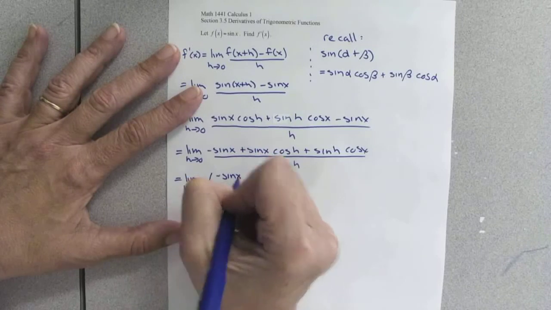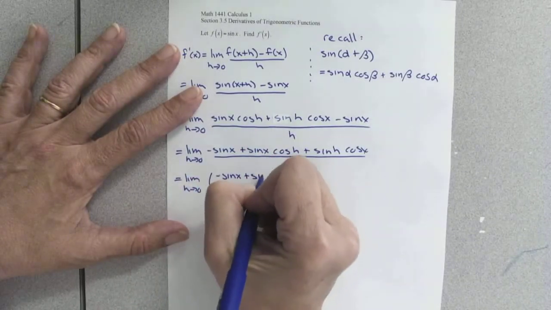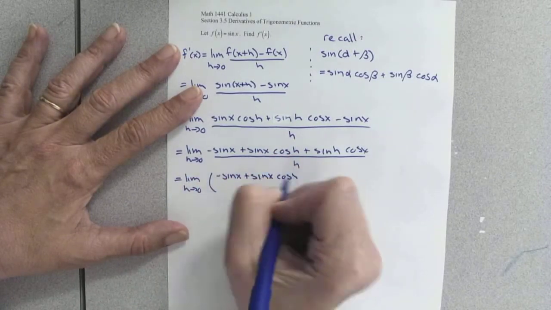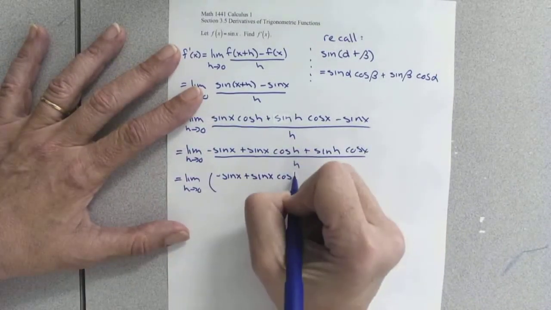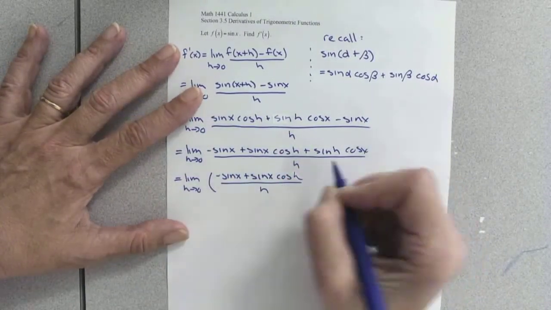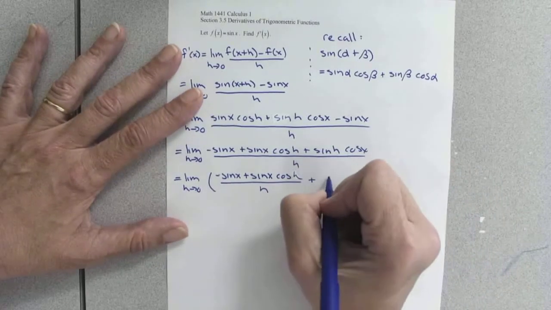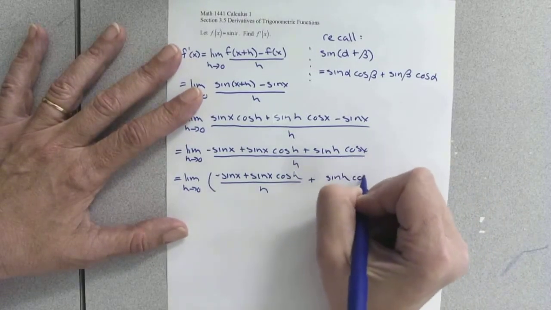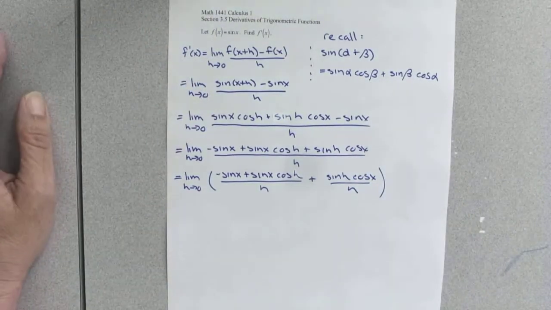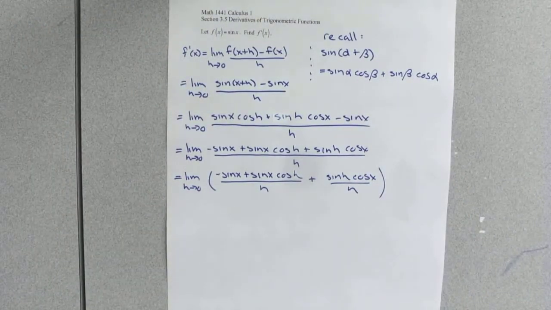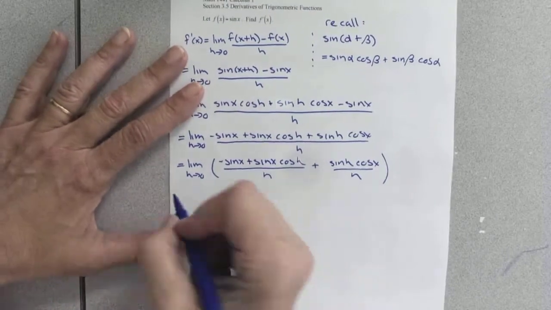And I'm going to have negative sine x plus sine x cosine h all over h plus sine h cosine x all over h. That's perfectly fine. You can split up numerators. You can never split up denominators, but split up numerators.